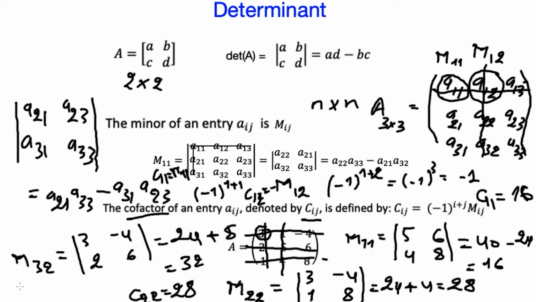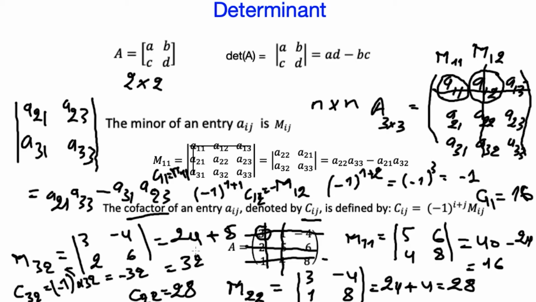And here, for example, C32 is equals minus 1 to the power 3 plus 2, which is minus 1 to the power 5, times M32, which is 32, so it will be minus 32.